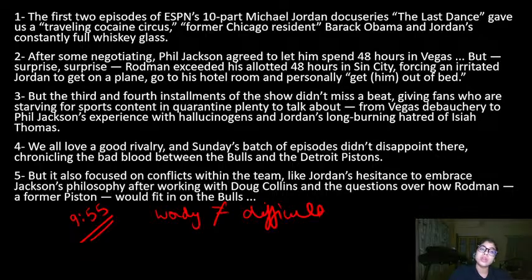Statement four: we all love a good rivalry, and Sunday's batch of episodes didn't disappoint there. Last, it also focused on conflicts within the team, like Jordan's hesitance to embrace Jackson's philosophy after working with Doug Williams and questions over whether Rodman, a former Piston, would fit in on the Bulls.